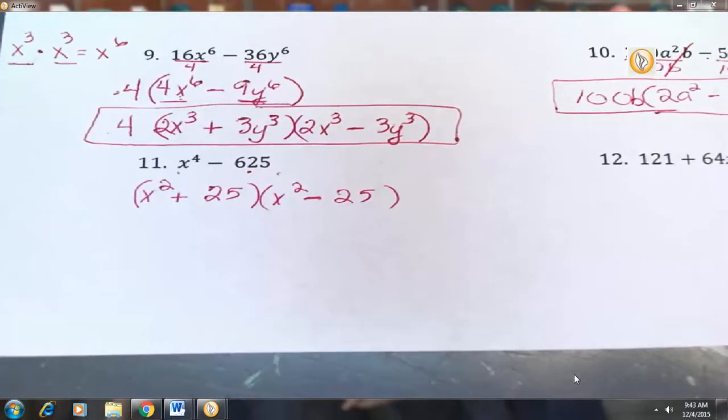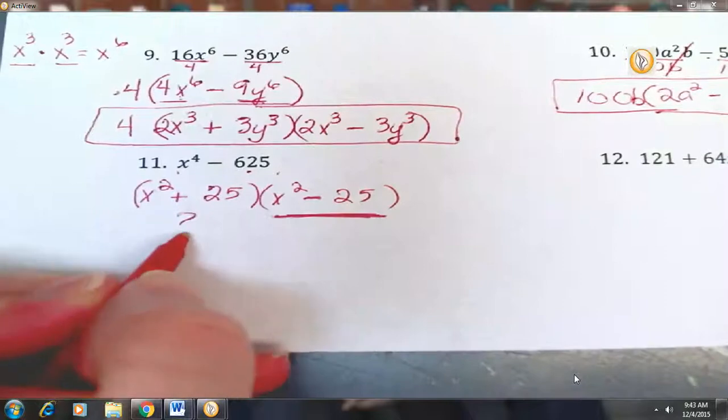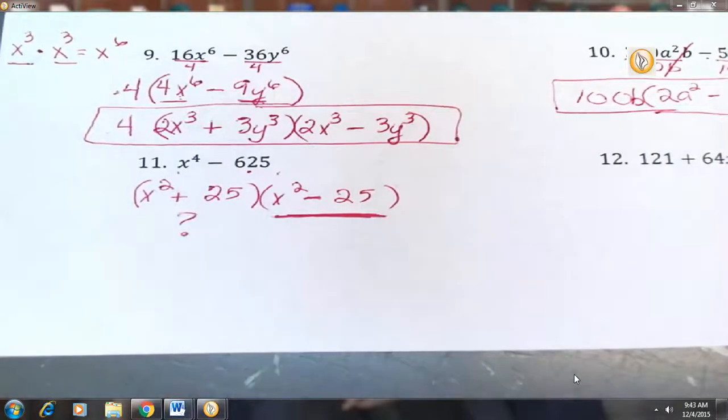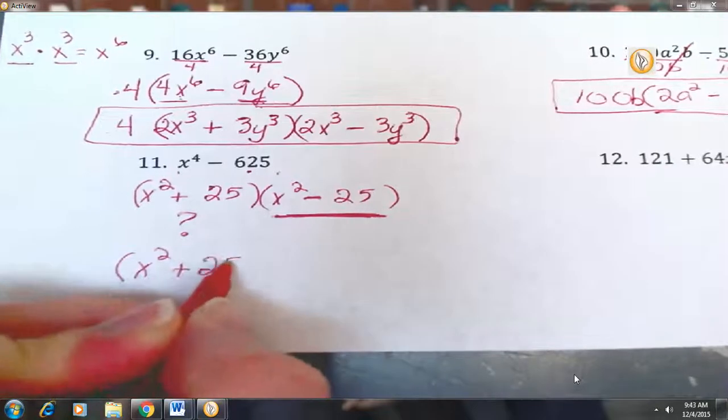I think I can go further. What can I do, Logan? I can do difference of squares again. Look at that second parenthesis. I can do difference of squares with it. Why can't I do difference of squares with the first parenthesis? Right, it's not subtraction. So I'm just going to bring down the first parenthesis. I can't do anything else with it.